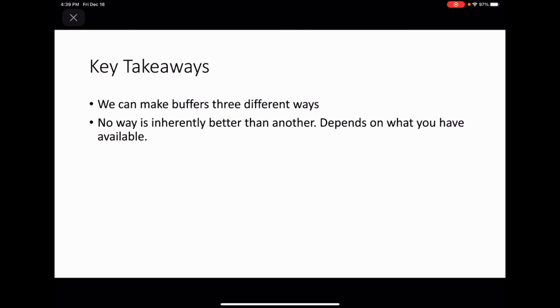None of the ways are actually better than the other, and it really depends on what's available. And actually what you're going to find out is that the last 2 methods are much easier to do in the lab than they are in lecture. So until next time.